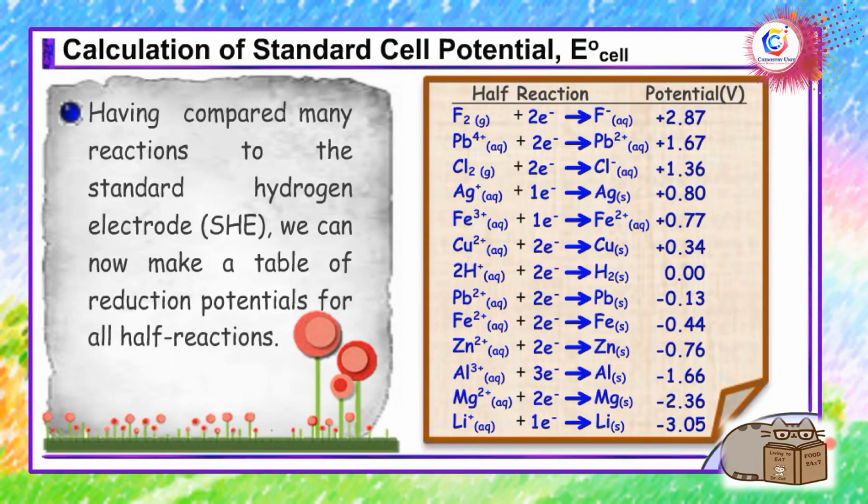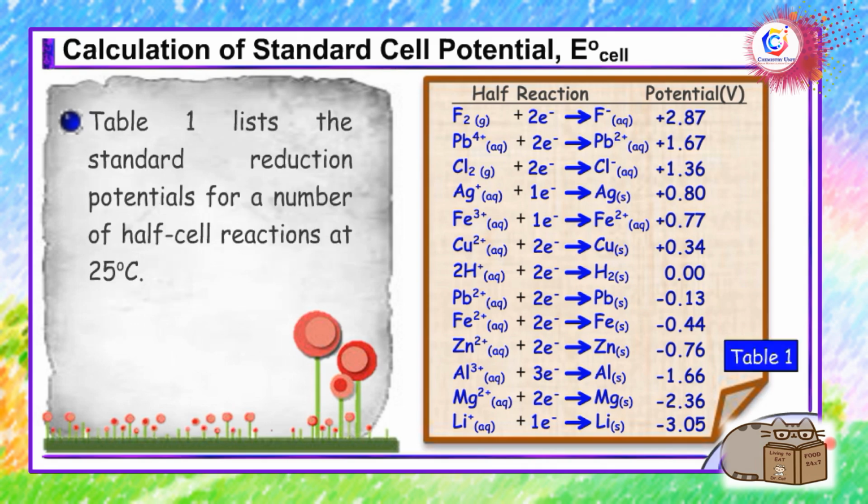Having compared many reactions to the standard hydrogen electrode, we can now make a table of reduction potentials for all half reactions. Table 1 lists the standard reduction potential for a number of half-cell reactions at 25 degrees Celsius.